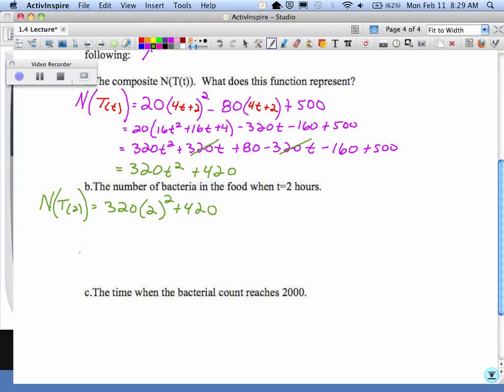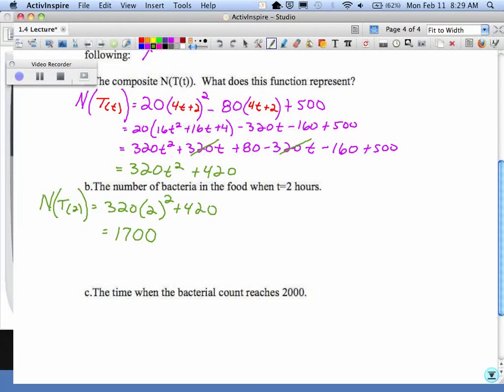Plus 420 is 1700. Can somebody verify that, please, so I don't look like an idiot on the video later on? Okay, so you got 1700 yummy bacteria on the sandwich after just 2 hours. That's what gives it that good flavoring, people.